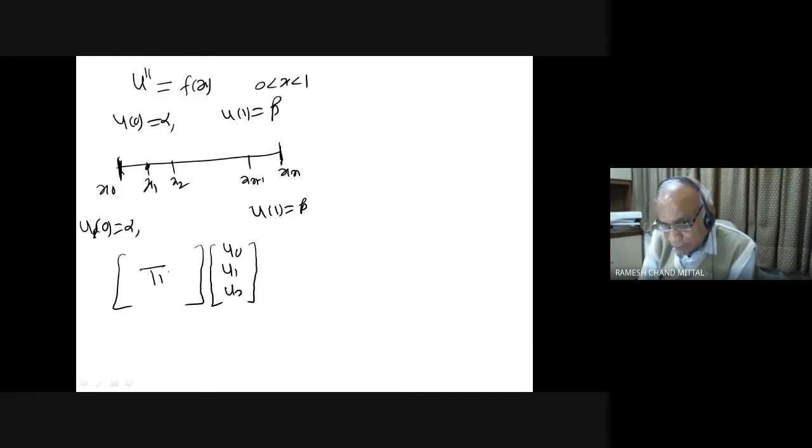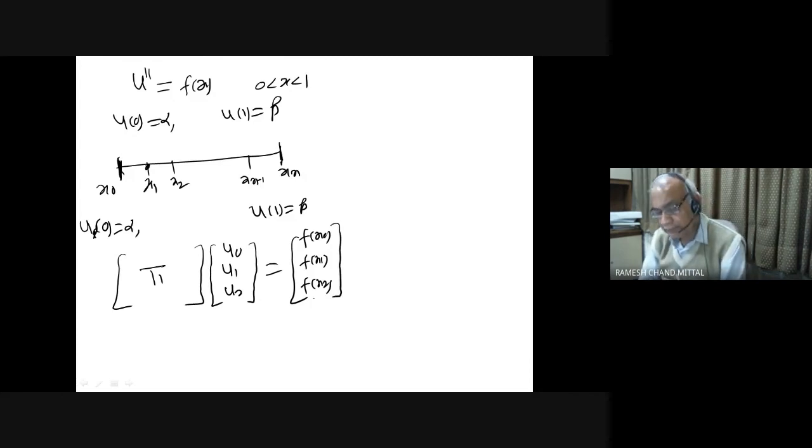I hope everybody tries to understand what I am saying. This is a local property. So I will have f of x0, f of x1, and f of x2. I have this equation for these 3 points.